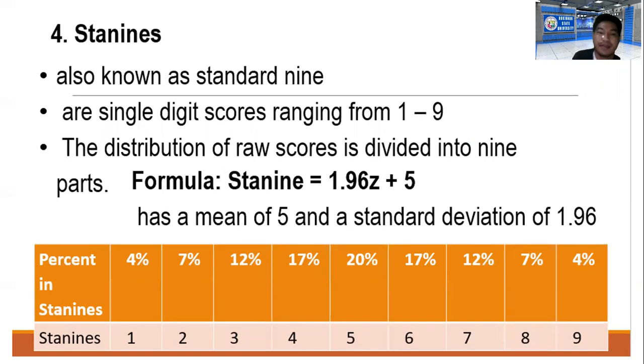So you can place your students in different stanines, or standard nines. So you will know who are... if you belong to 5, you are average performing. If you belong to 4, 5, and 6, then you are averagely performing. But if you belong to 3, 2, and 1, you are poorly performing. If you belong to 7, 8, and 9, then you are performing better than others.